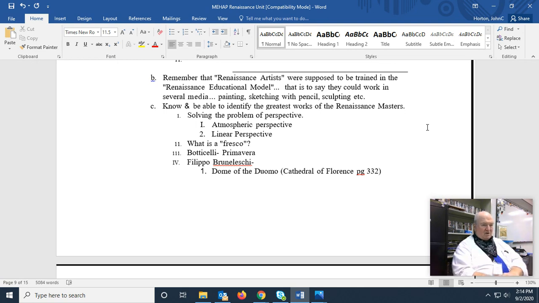Well, if you ever look at art from the Middle Ages, it's two-dimensional. It has width, it has height, but no depth. And the Renaissance masters were able to solve the problem of perspective. That means to give the picture a third dimension. Let us begin.